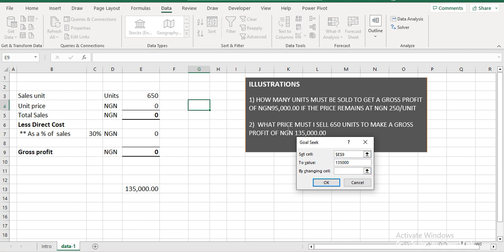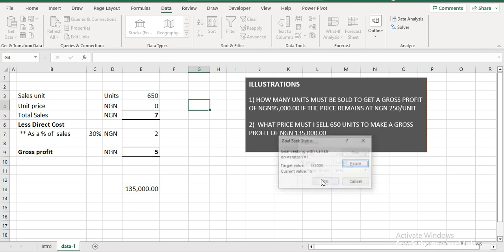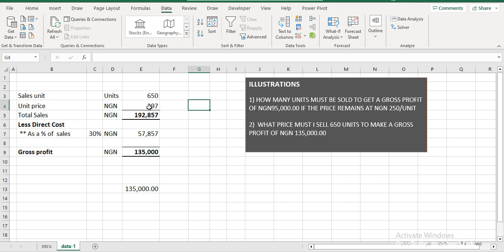I'm supposed to change my price. This is my price here. That's all I need. The next thing is hit the OK button, and Excel calculates this for me. That's it. So I'm to sell 650 units at 297 naira per unit to achieve a gross profit of 135,000 naira.